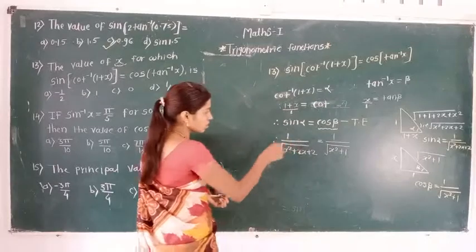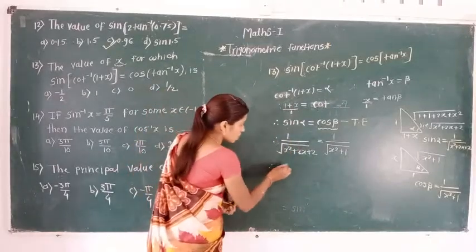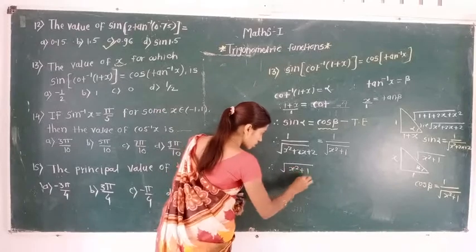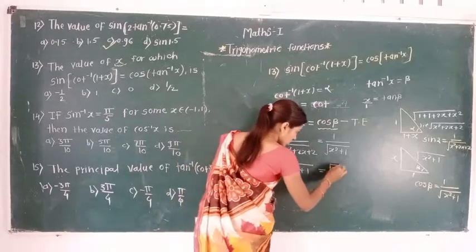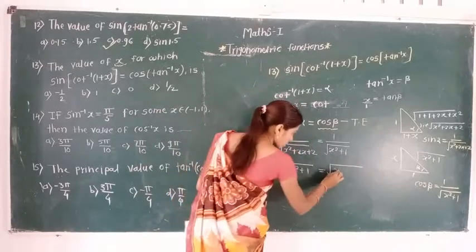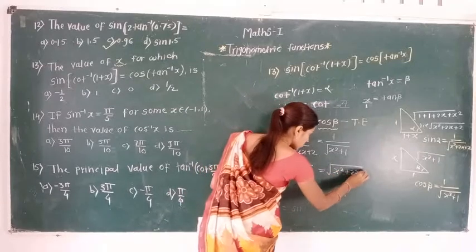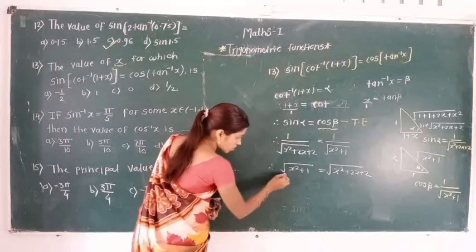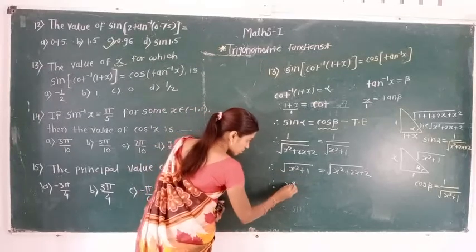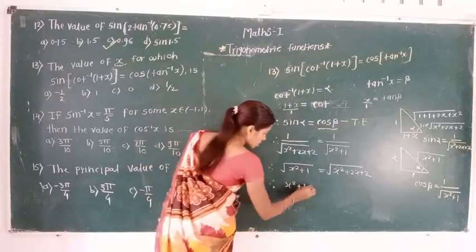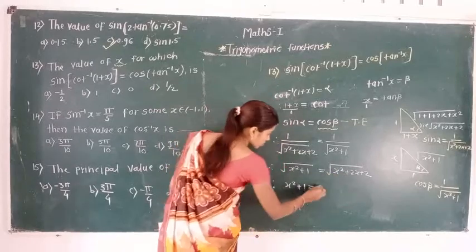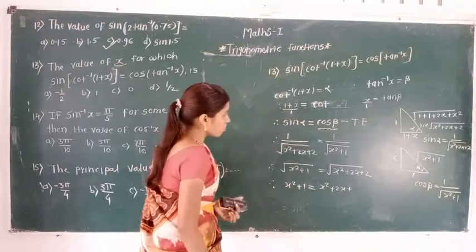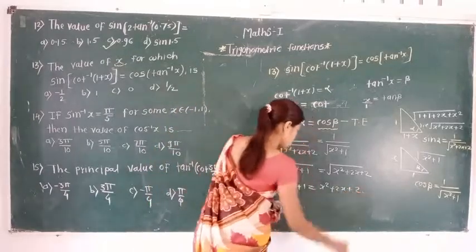So simplify this equation. Take a cross multiplication. We can write root of x square plus 1 is equal to root of x square plus 2x plus 2. So squaring both sides, x square plus 1 is equal to x square plus 2x plus 2.